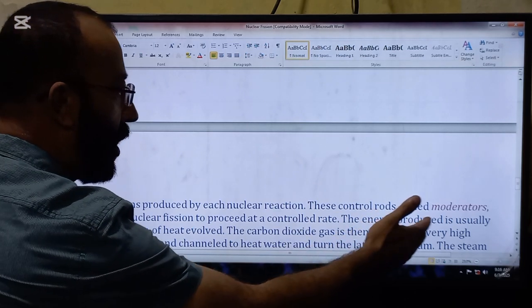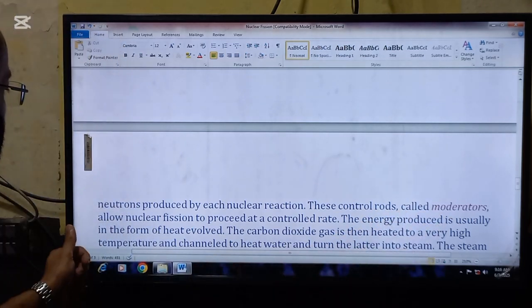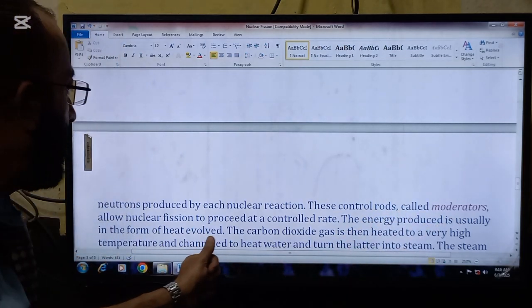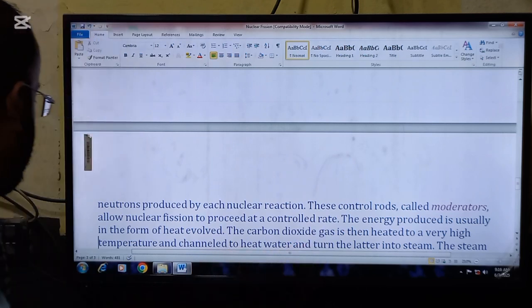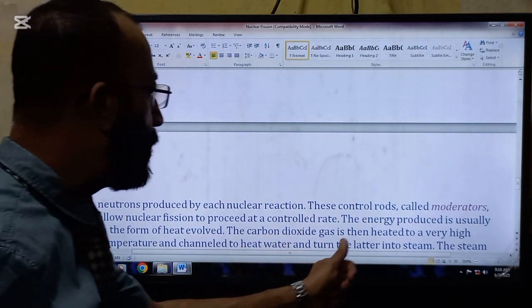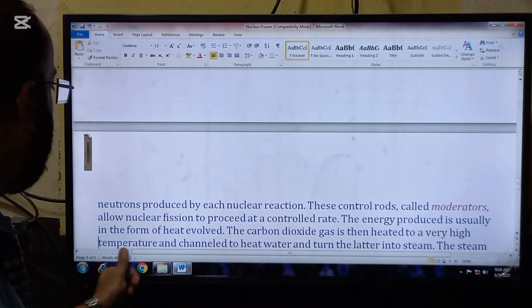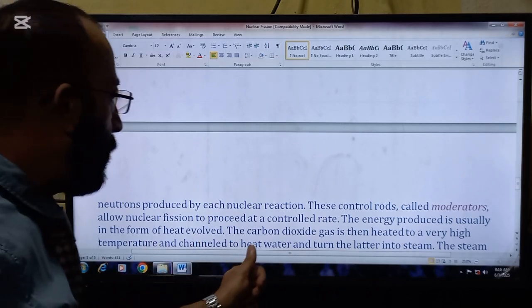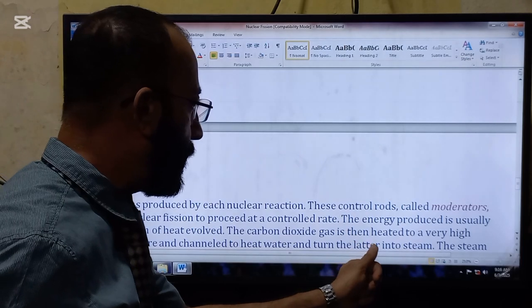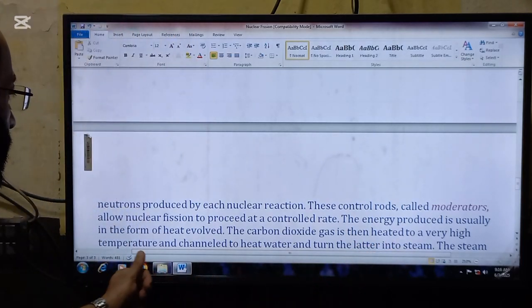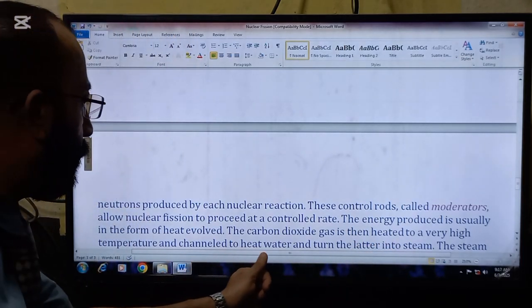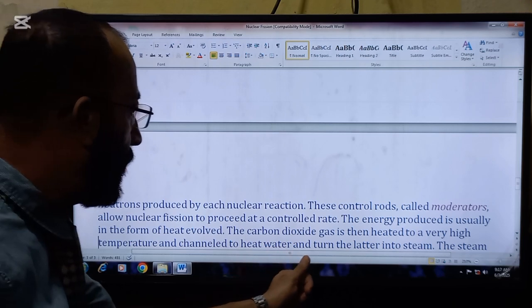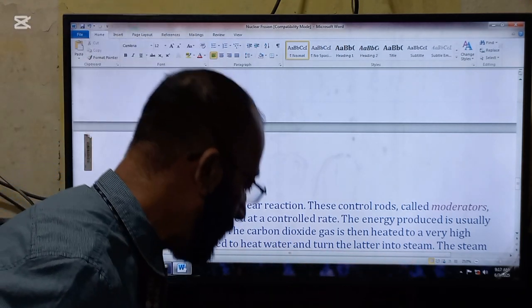These control rods, called moderators, allow nuclear fission to proceed at a controlled rate. The energy produced is usually in the form of heat evolved. The carbon dioxide gas is then heated to a very high temperature and channeled to heat water and turn the latter into steam.